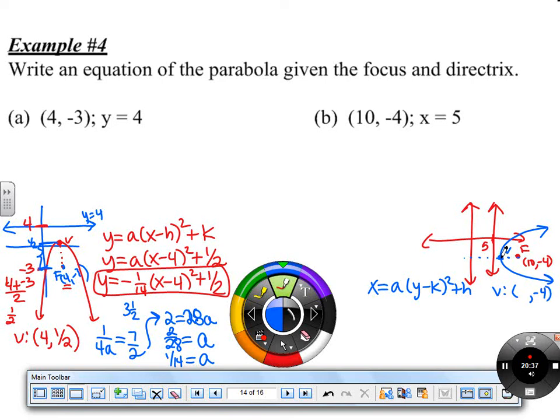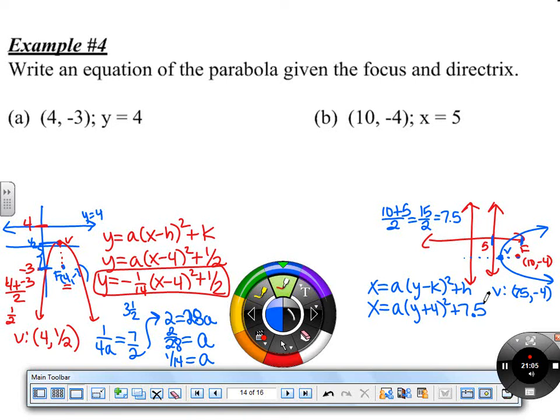And the x-coordinate of the vertex has to be halfway between 10 and 5. If I take 10 and add it with 5 and divide by 2 to figure out what's in the middle, I get 15/2, or 7.5. So that's going to be my x-coordinate. So I'm going to have x equals a times (y plus 4) squared plus 7.5.